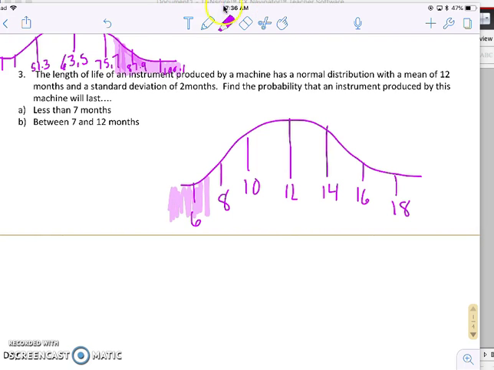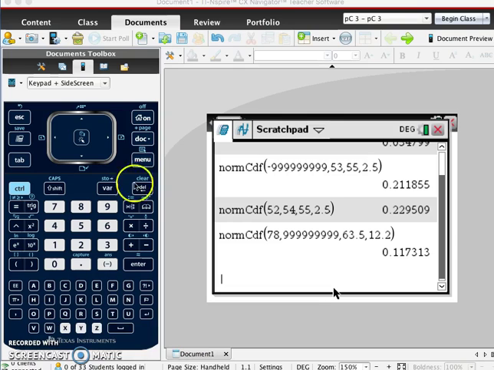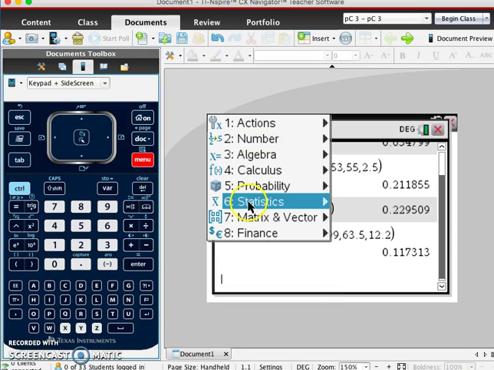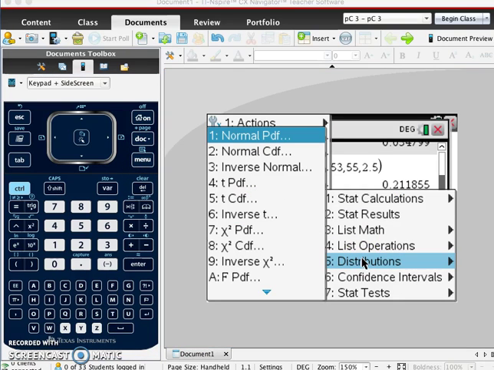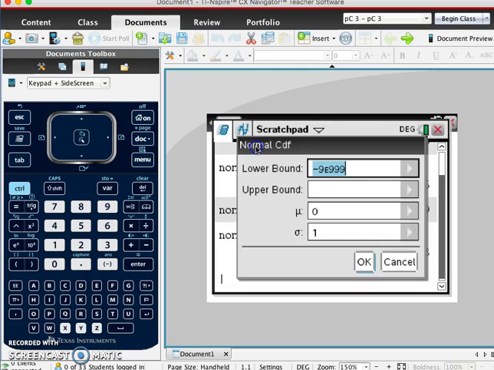So again, it's not on the nice standard deviation, so this is our calculator. Menu, Statistics, Distributions, Normal. So we want it just lower, so negative 99999. Lower than 7 months. Upper bound is 12. Oops, nope, upper bound is 7, excuse me.